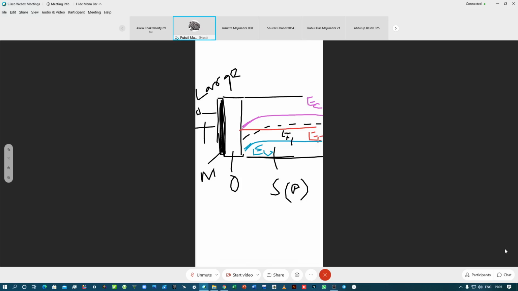So you see at the interface, the intrinsic Fermi energy level is lying below the extrinsic Fermi energy level, which was not the situation when we had applied zero bias to the gate.